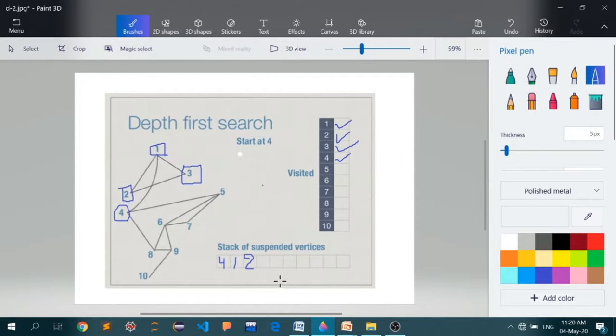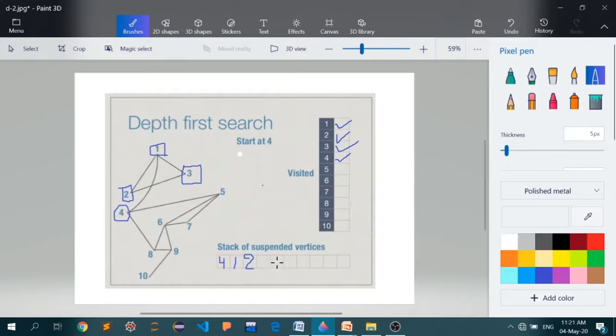Now we are on node 3, so let us look at all the potential neighbors of node 3. First is node 1, which we have already marked as visited, so there is no need to go there. And then the neighbor 2, which has also already been visited, as I have marked it here.